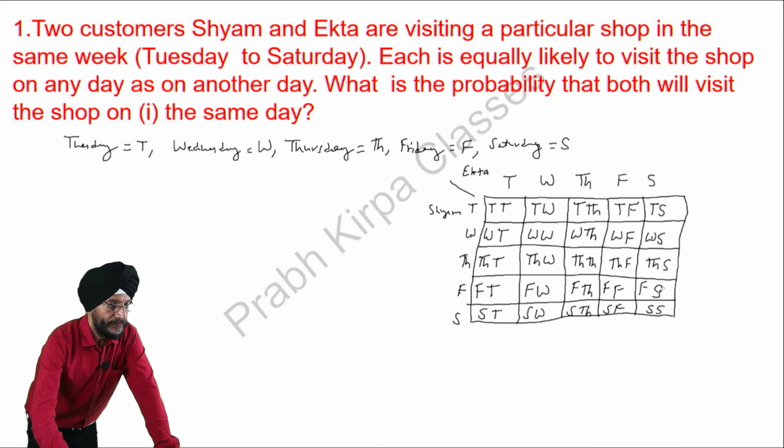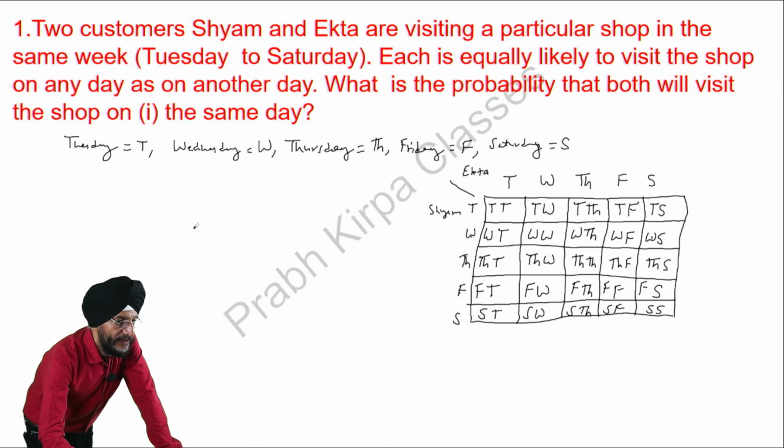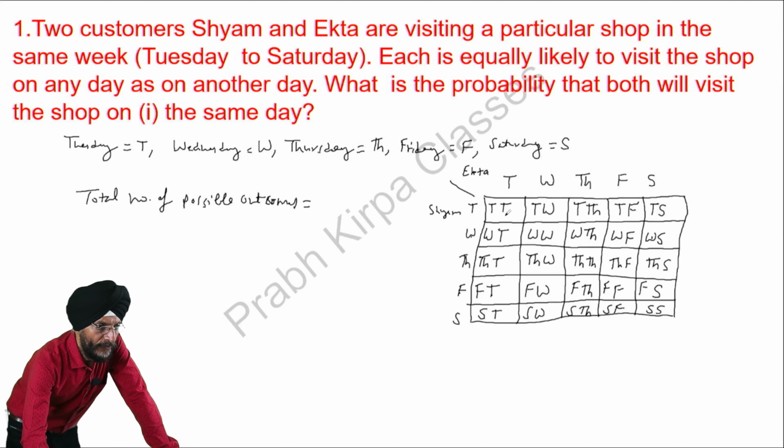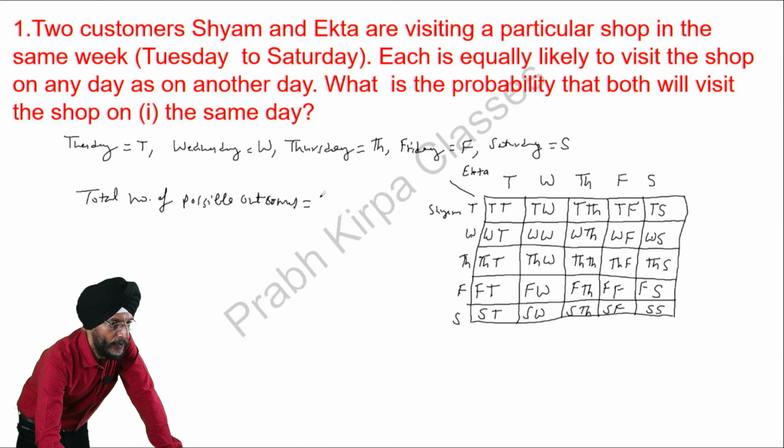So now you can see that the total number of possible outcomes is, you may count 1, 2, 3, 4, 5, 5 into 5, 25.